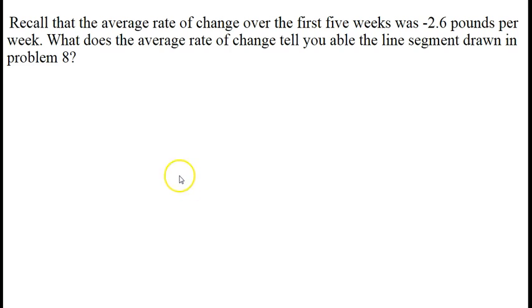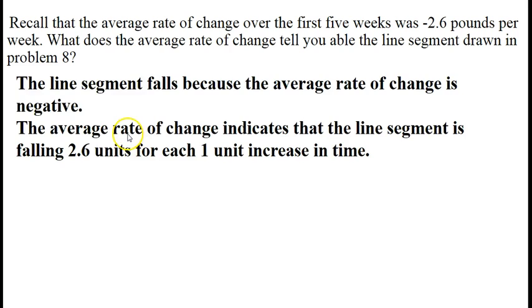Recall that the average rate of change over the first 5 weeks was negative 2.6 pounds per week. What does the average rate of change tell you about the line segment drawn in problem 8? Well, the line segment falls because the average rate of change is negative. The average rate of change indicates that the line segment is falling 2.6 units for each 1 unit increase in time.